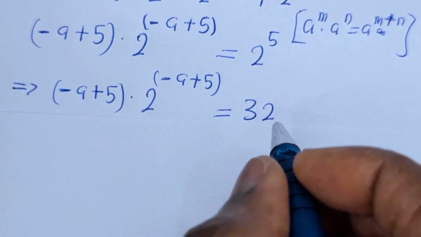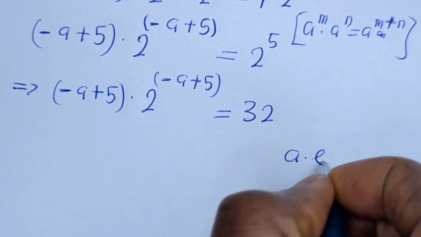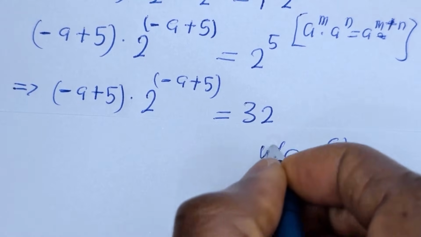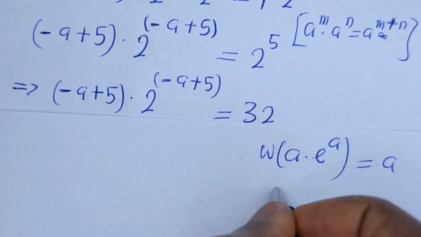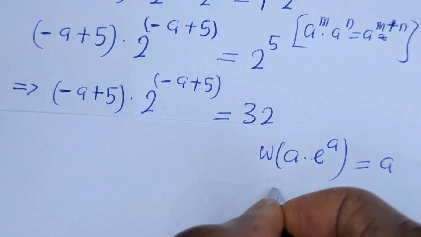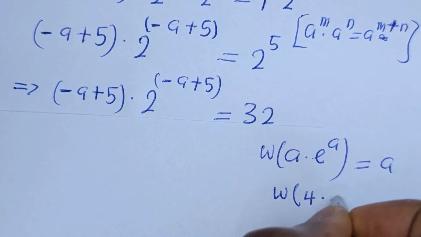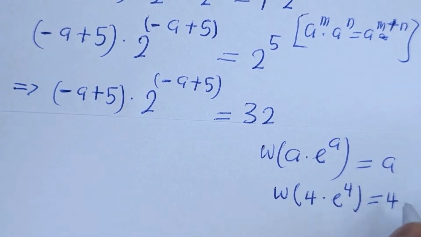From the Lambert W function, if you have a multiplied by e raised to power a, then W of this is equal to a. Also, if you have W of 4 multiplied by e raised to power 4, this is equal to 4.